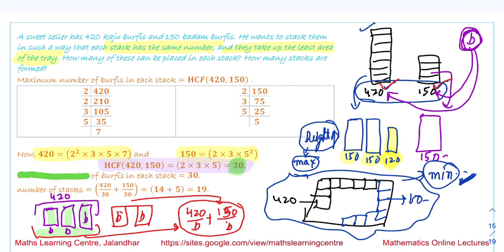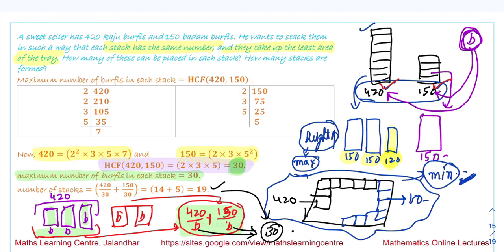The maximum number of burfis in each stack is 30, and the number of stacks that we will have, this is the formula, in place of b now we will have 30, and when you calculate this value, you will get the answer 90. So these are the values that we require.